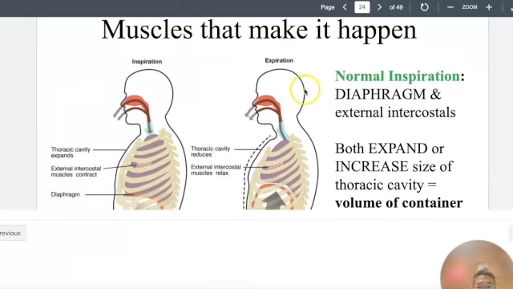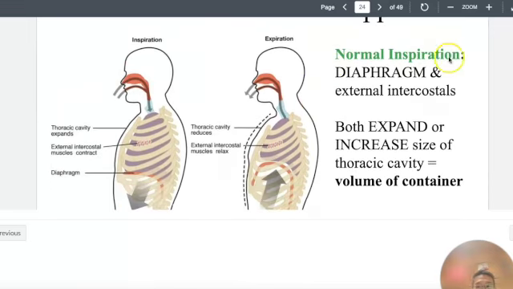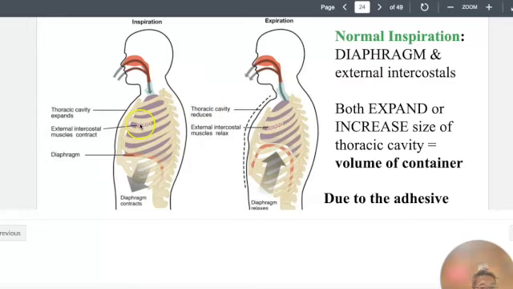Some of the muscles that make normal inspiration happen: when you breathe in, the diaphragm will pull, and there are the external intercostal muscles. Both expand or increase the size of the thoracic cavity, so they make the thoracic cavity bigger.